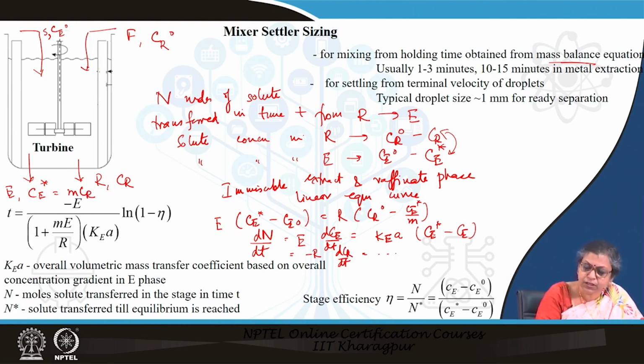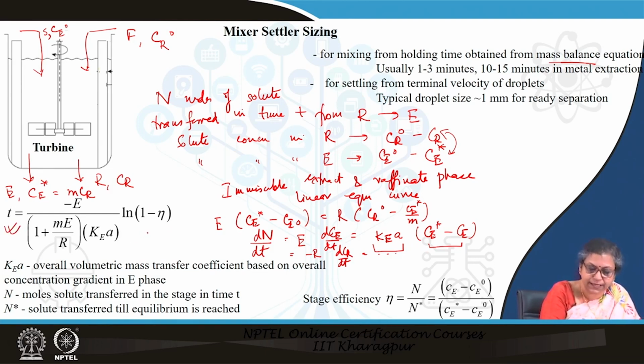Okay. So, from this particular equation, we find that the rate of transfer of solute from the raffinate to the extract phase can be expressed in terms of KEA, which is the overall volumetric mass transfer coefficient based on the overall concentration gradient in the extract phase. Once we separate the variables and integrate this equation, we get an expression for holding time.